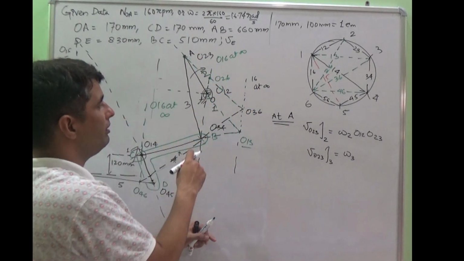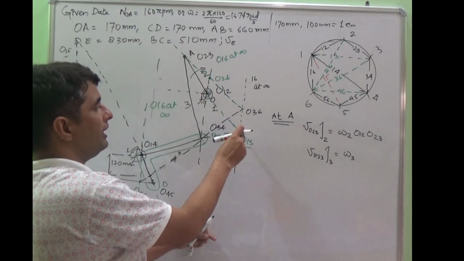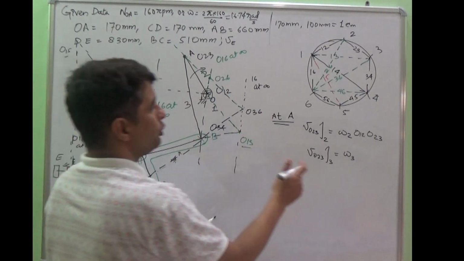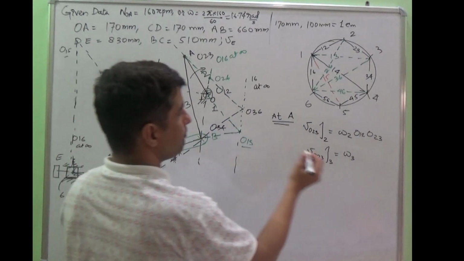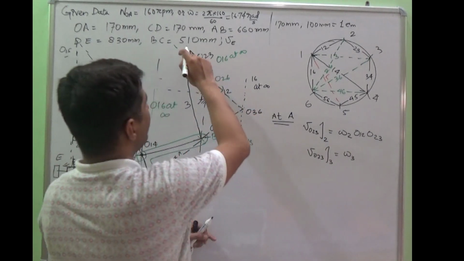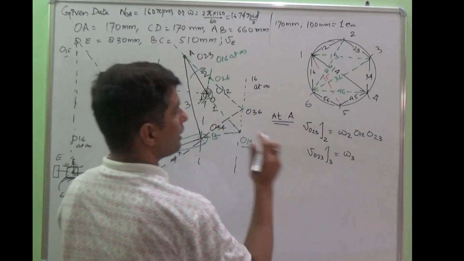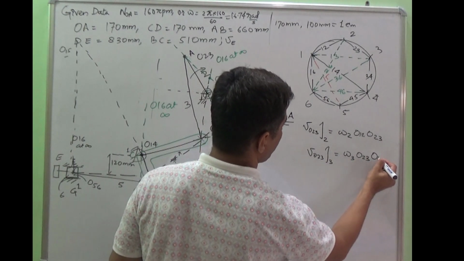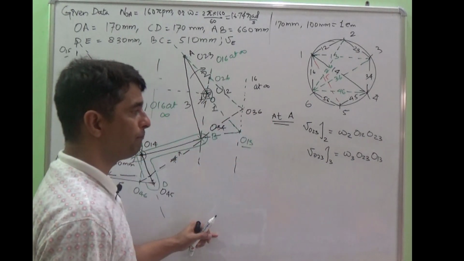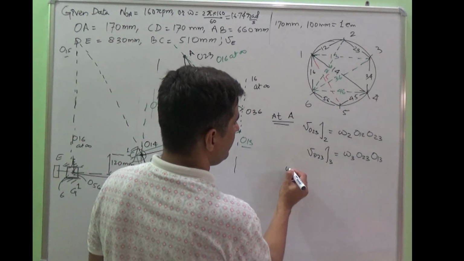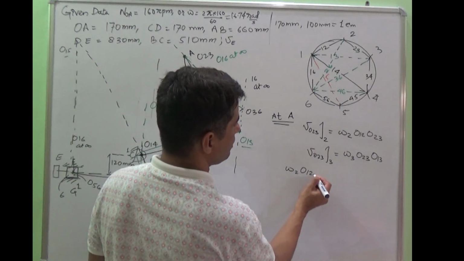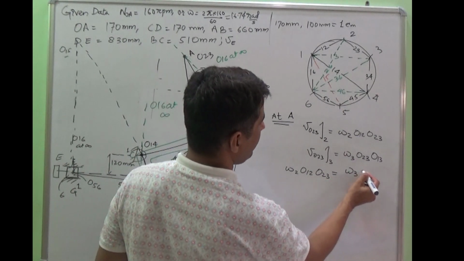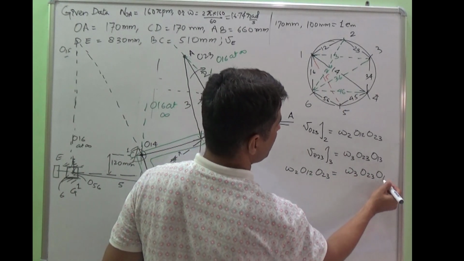At the same time, link 3 is rotating with respect to 1 about this point. So omega 3 multiplied by the distance between this point and the center of rotation. This point is nothing but O23, and the center of rotation for link 3 is O13. So now we can equate these two: omega 2 times O12 O23 equals omega 3 times O23 O13.